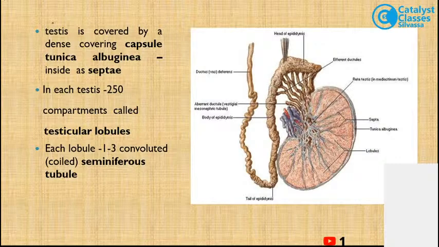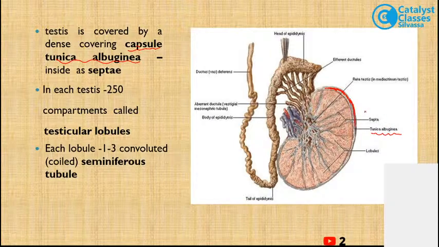Now if you see the complete structure of the testis, you will see that on the outer side it is covered by a dense covering, called the capsule, which is the tunica albuginea. If you look at the diagram, the gray region you see, the outermost layer, is the tunica albuginea.